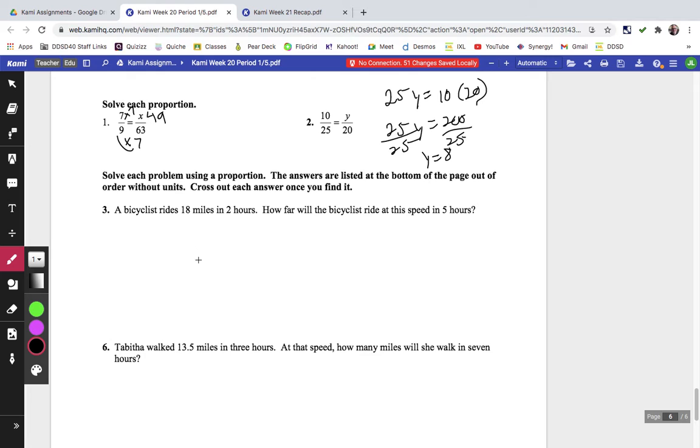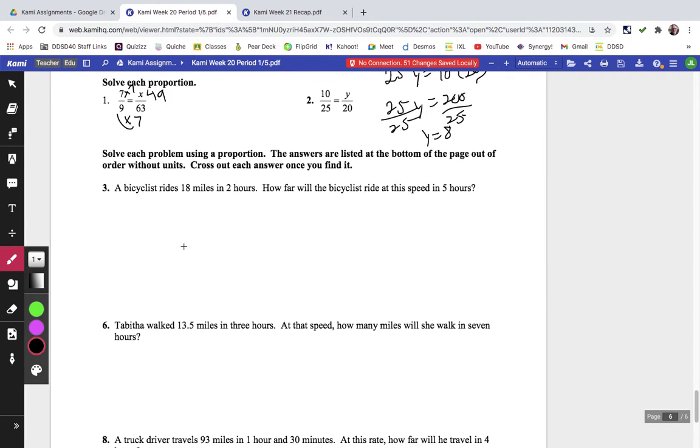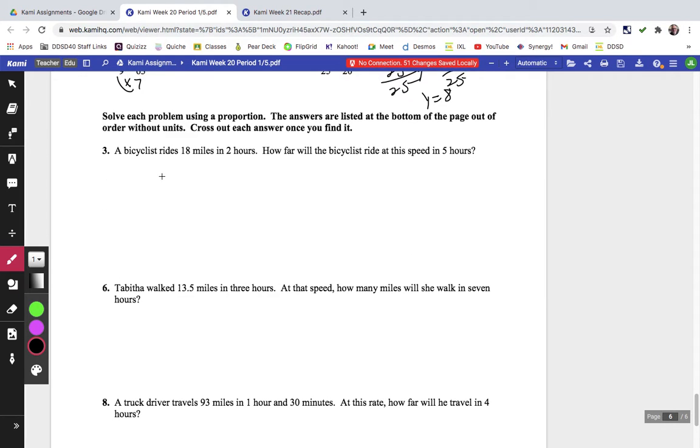Solve each problem using a proportion. And then we're going to find the answer at the bottom. So a bicycle rides 18 miles in 2 hours. How far will it go in 5 hours? So 2x equals 5 times 18. 5 times 18 is, let's see, 90, I believe.